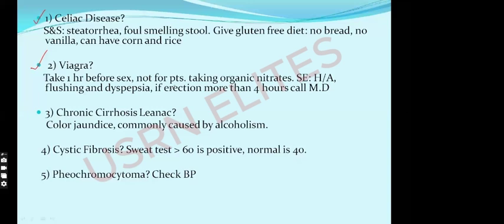Calcium channel blockers also open up vessels, they relax vessels. When you take Viagra, it also causes vasodilation.